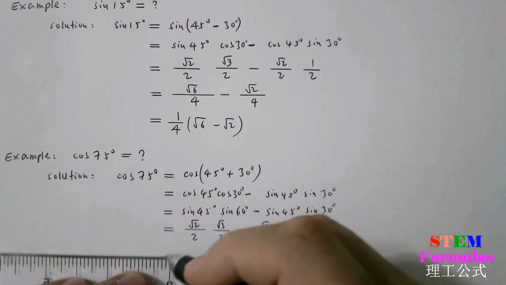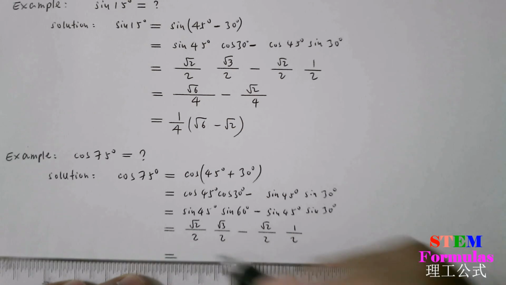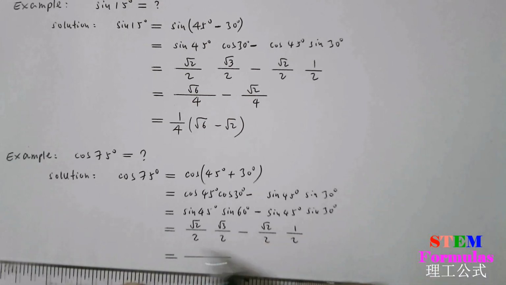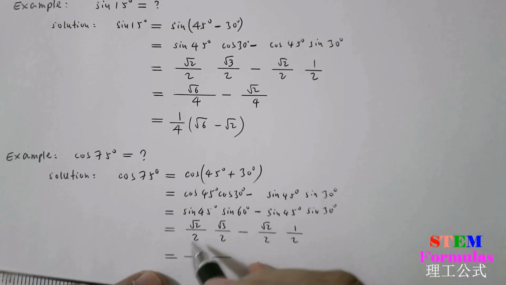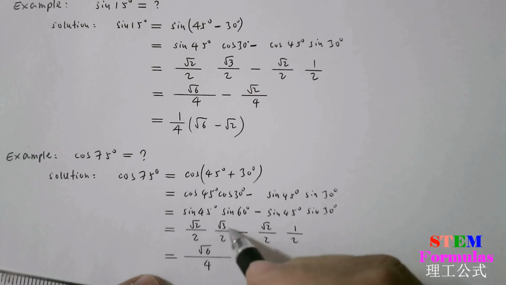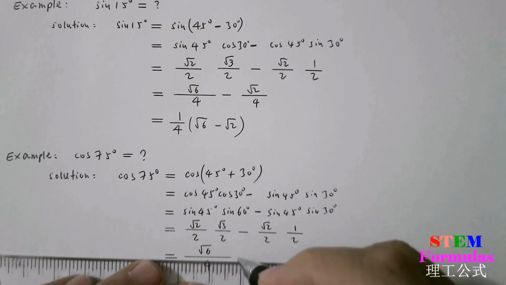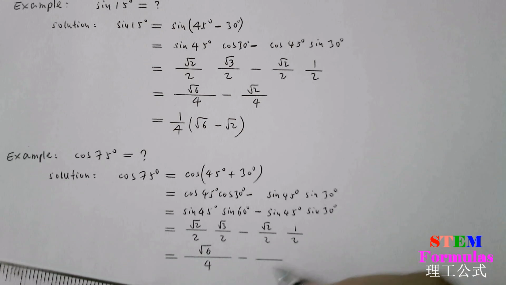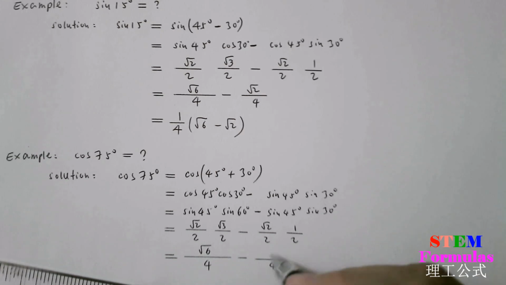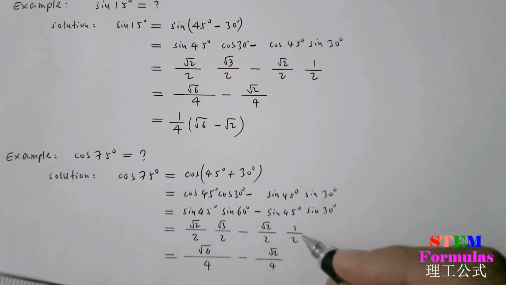So this one equals square root 6 over 4 minus square root 2 over 4.